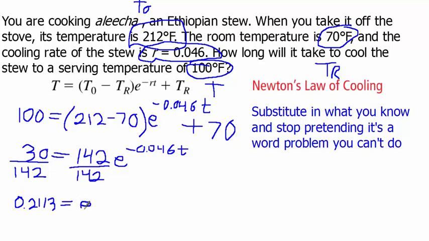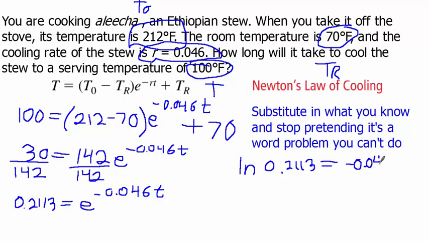Now that I have the exponent by itself, I'm going to convert it to logarithms. That logarithm is the natural logarithm of 0.2113, that's doable, equals negative 0.046 t.